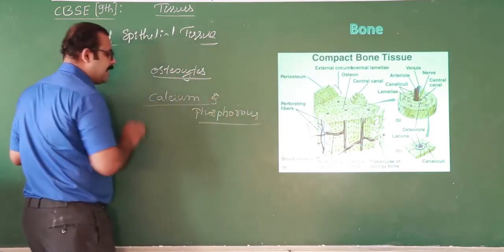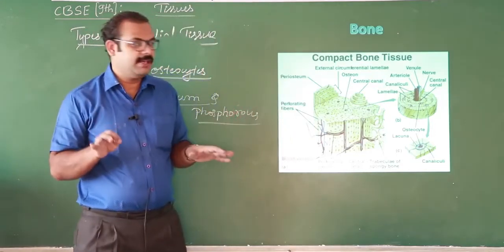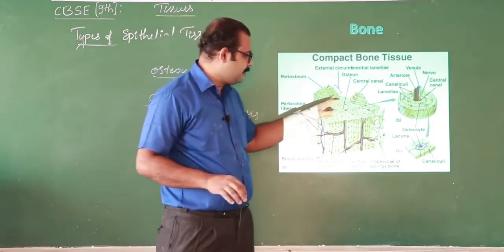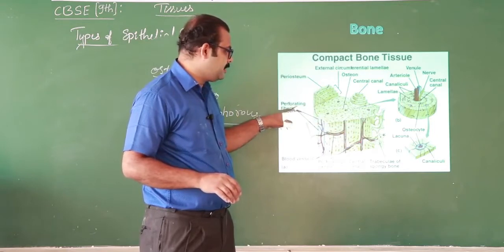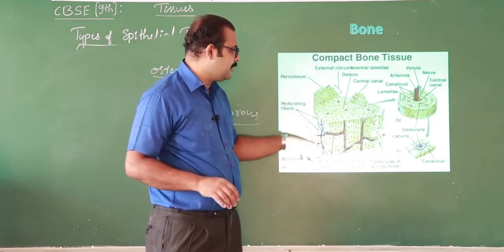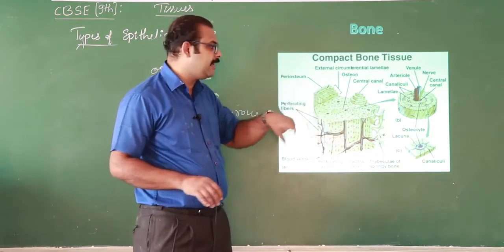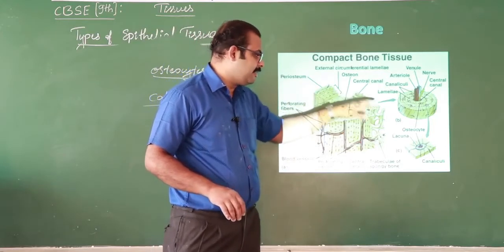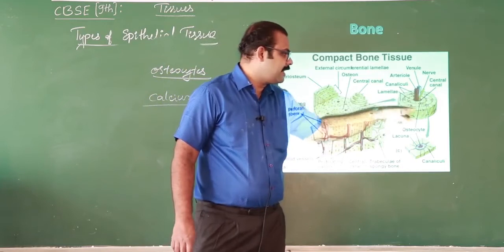Here, whatever the yellow colored part is, that is the matrix, and in that the cells are arranged. The matrix is arranged in the form of ring-like structures, and these are called canaliculi. It's just extra information.